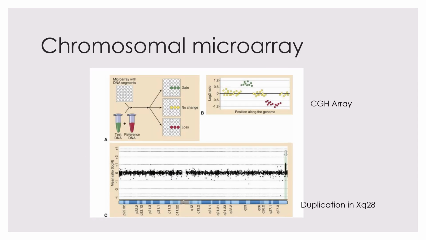We said duplication in XQ28, meaning what? Chromosome X, Q arm, region 2, band 8 had a duplication. Had the duplication been here, this corresponds to 27.3.